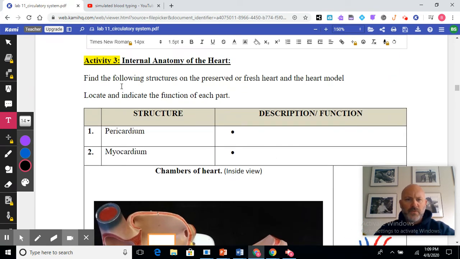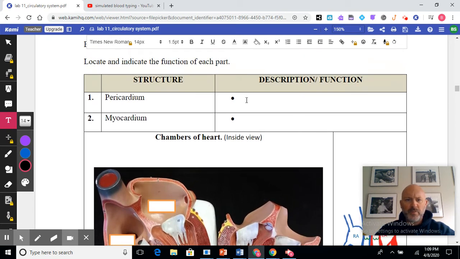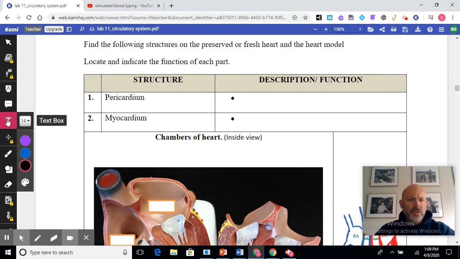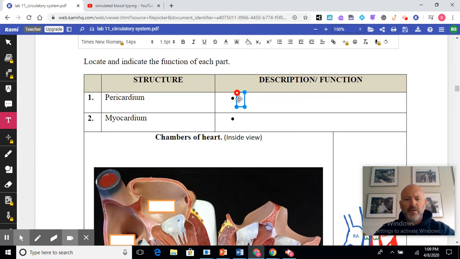All right, so find the following structures on the heart model, and then we'll do the descriptions. So the pericardium, we're going to say, is a serous membrane surrounding the heart.